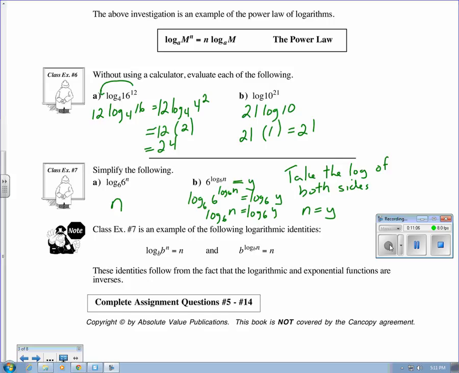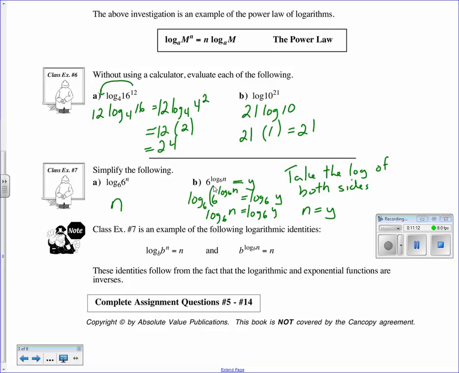So log base 6 of the left-hand side of the equation, 6 to the exponent log base 6 of n. That generates my exponent, which is log base 6 of n. So log base 6 of n equals log base 6 of y, which means n must be equal to y, or the value that gets generated.